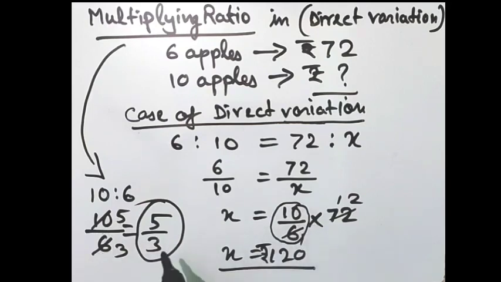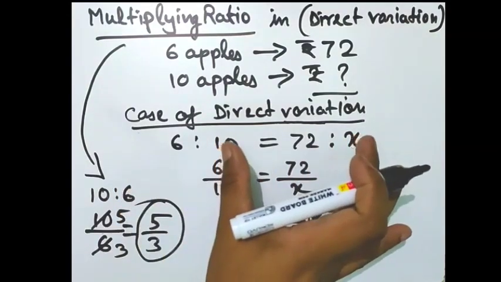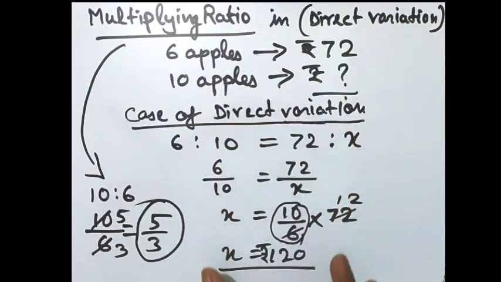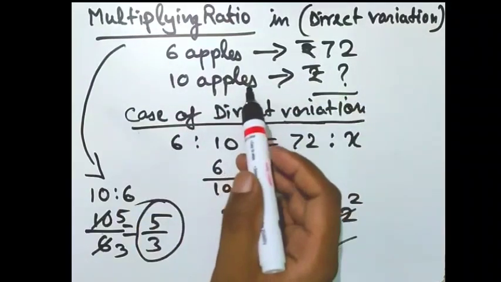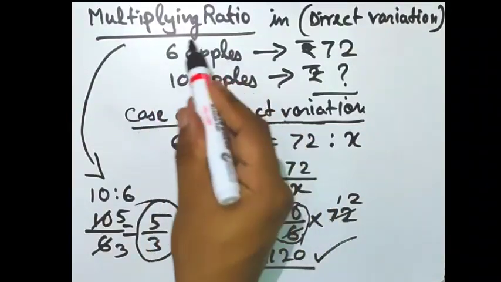So next, we can directly take the multiplying ratio and solve the sum. So you can use the ratio property and go in chronological order and find the value for x, or you can skip the remaining part and directly jump into the multiplying ratio by looking at the variation and finding the multiplying ratio, that will be the inverse of the two values that are already given.